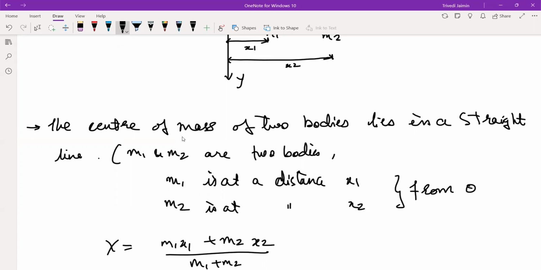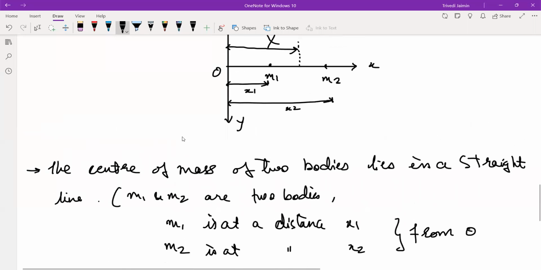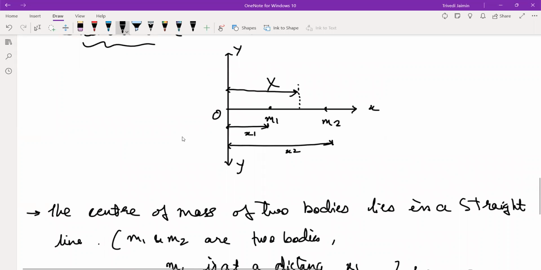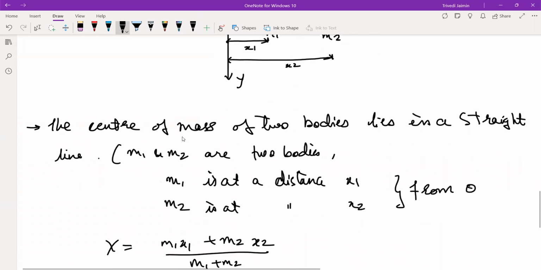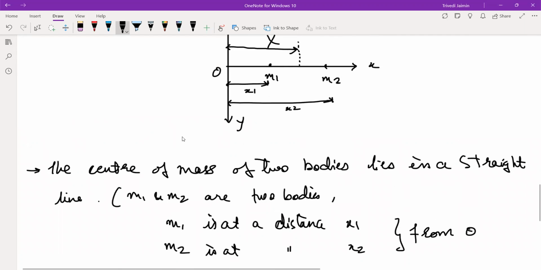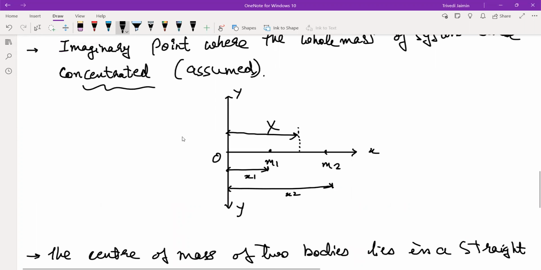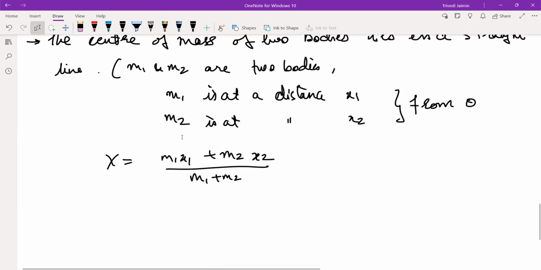So this I drew for 2 dimensions. If it is for 3 dimensions, it will be x, y, z, with a similar third term.